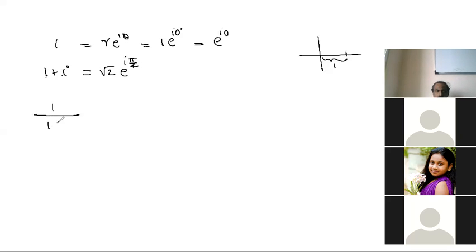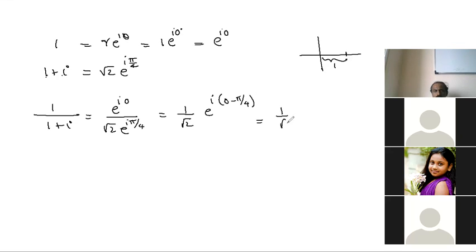So 1 upon 1 plus i would be e raised to i0 upon root 2 into e raised to i pi by 4. That becomes 1 by root 2 into e raised to, powers are subtracted, i into 0 minus pi by 4.